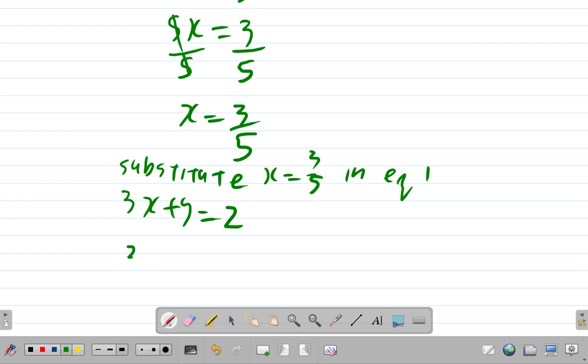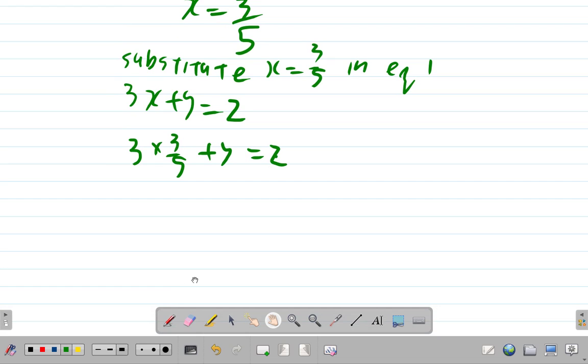So we say 3 times 3/5 plus y equals 2. Alright? So here now, this is 9/5 plus y equals 2.